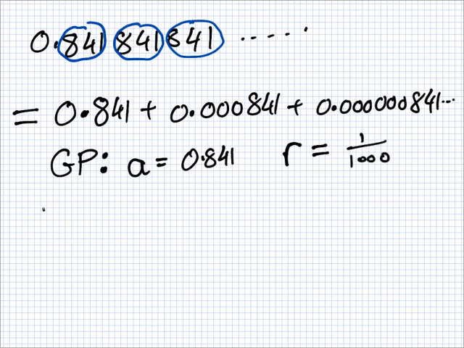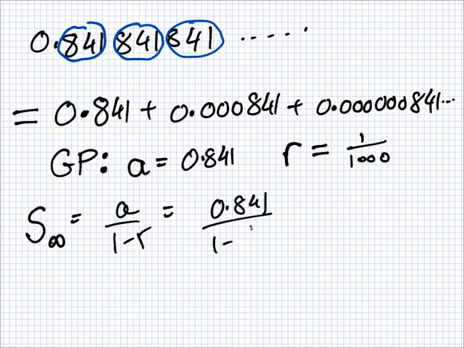And do you remember the formula for S infinity? a divided by 1 minus r. Yeah. So that's 0.841 over 1 minus 1/1,000, which will be 841 over 999. I don't think that simplifies.